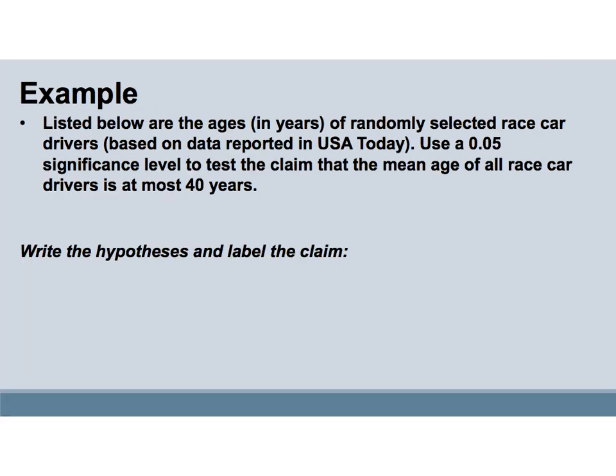Write the hypothesis and label the claim. So always start out the same. That did not work at all. Let's try that again. Now I'm talking about mean. Alright, what the heck is the claim?